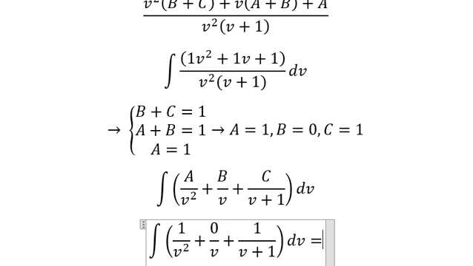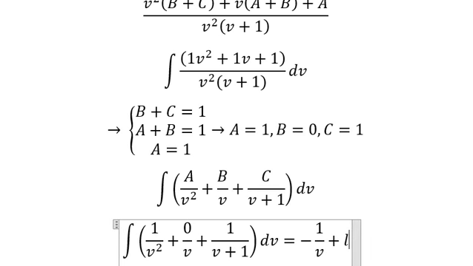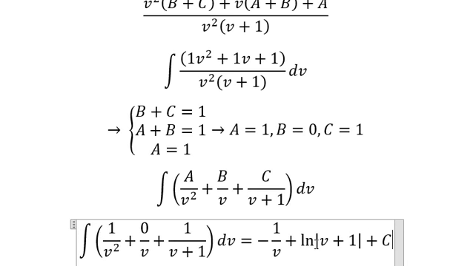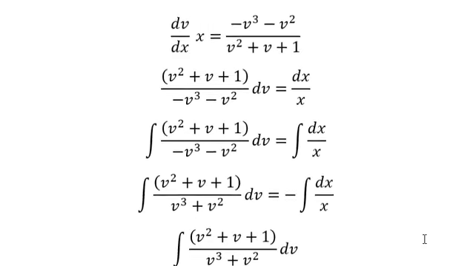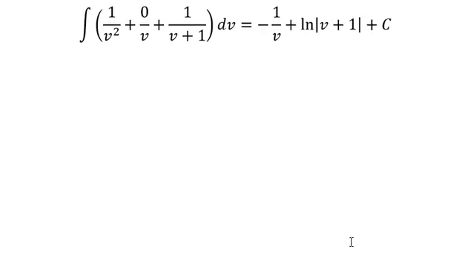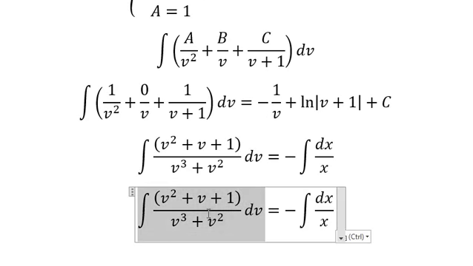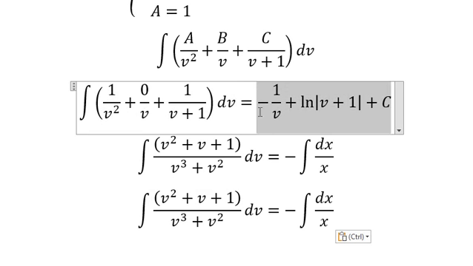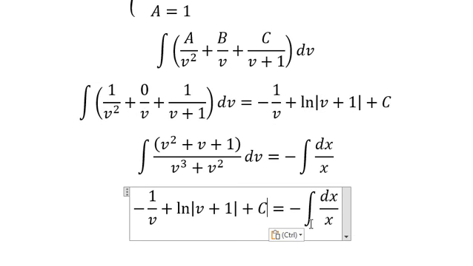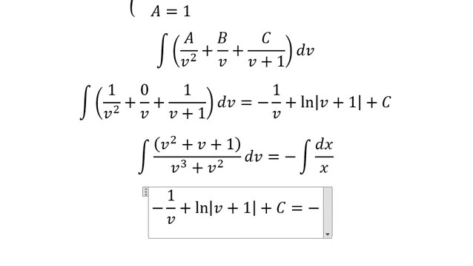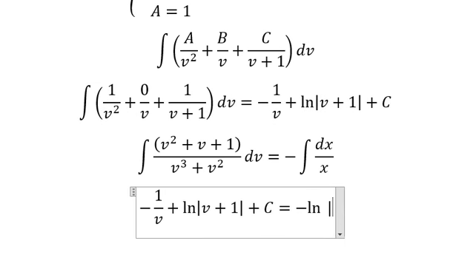And now we have the final answer. Now we need to go back in here. So this one that is about this one. This one that is about ln of the absolute value of s.